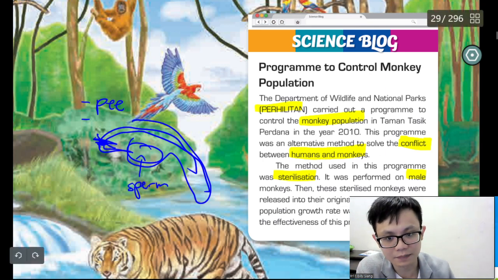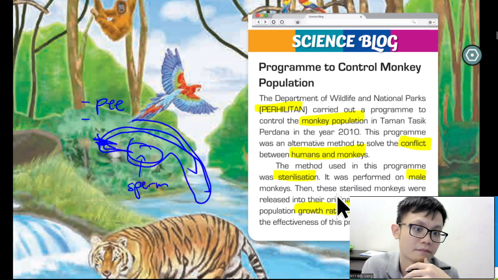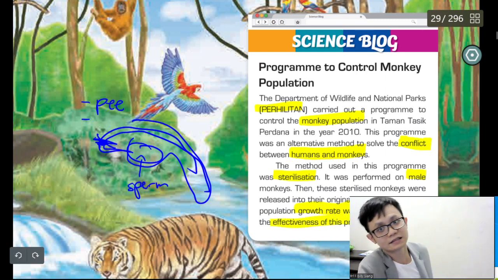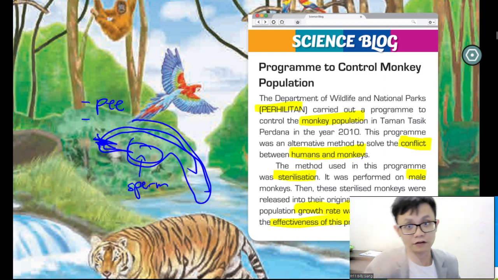So the monkey population growth rate was studied. They don't know whether this will lower the population, but they still study. This is what we call science. Because you don't know, if I sterilize 10 monkeys, 100 monkeys, 1,000 monkeys, what is the effect on growth? It could go down, or it could go up, you never know.